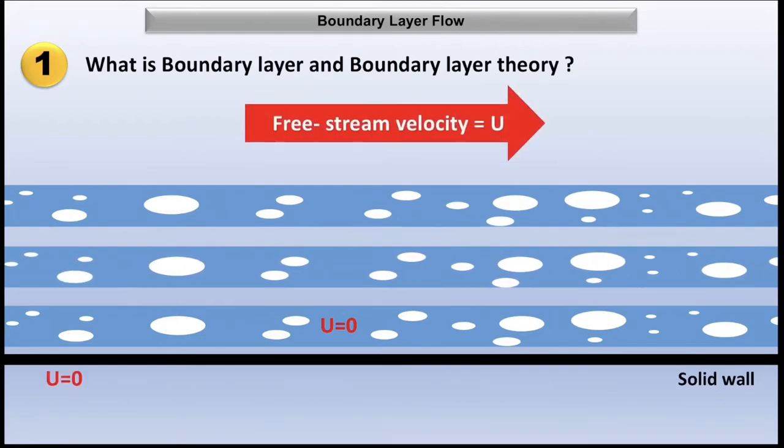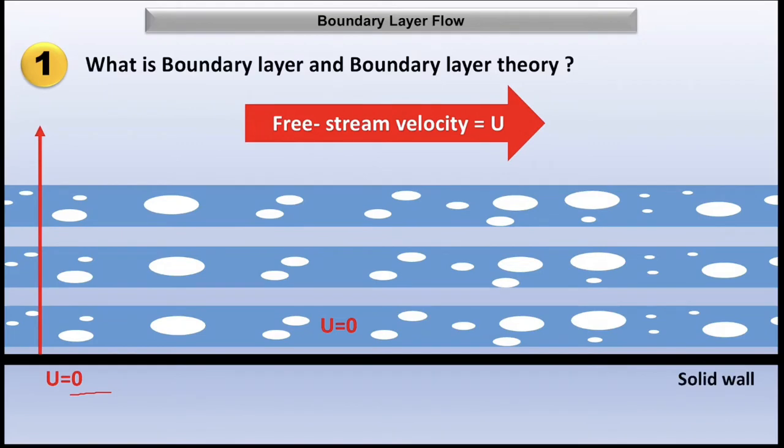Similarly, all the layers adjacent to this third layer on the upper side have more velocity until the velocity is equal to the free stream velocity, that is equal to U. So the velocity at the boundary is 0, and it increases in the y direction.